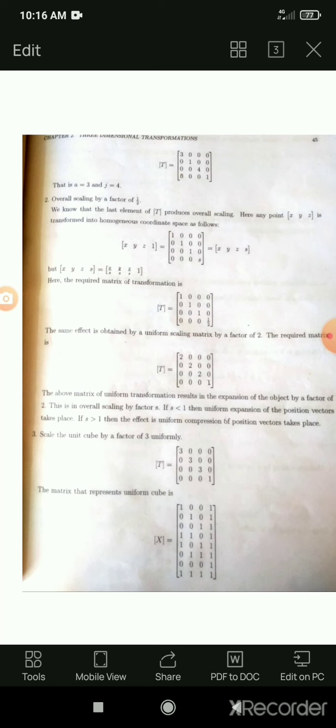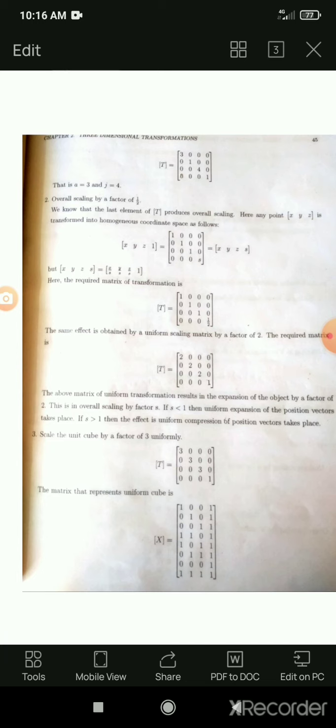1 0 0 0, 0 1 0 0, 0 0 1 0, 0 0 0 1 by 2. Now the same effect is obtained by the uniform scaling matrix by a factor of 2. Therefore, instead of 1 we take factor 2, so we get 2 0 0 0, 0 2 0 0, 0 0 2 0, 0 0 0 1.